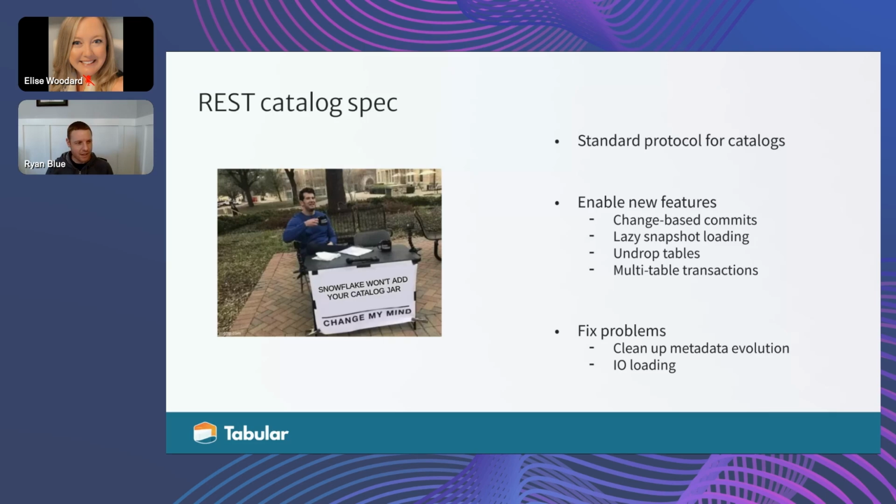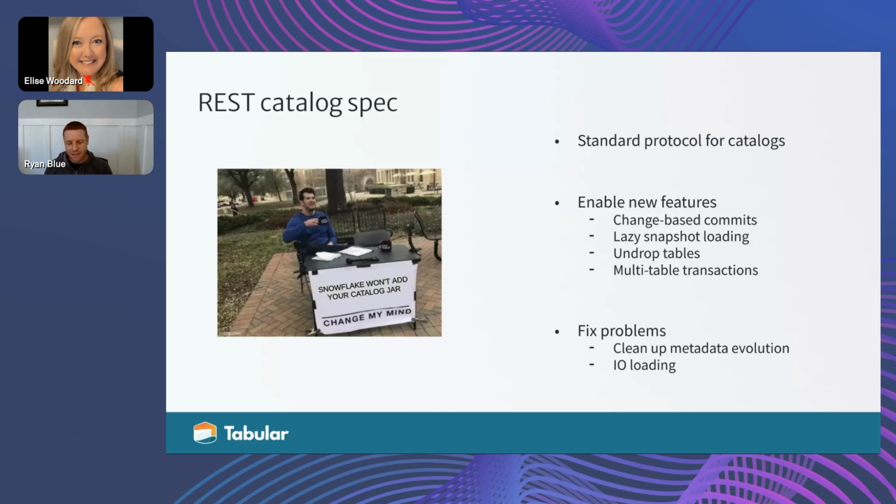It's basically like the Hive Thrift interface, where everything knows how to talk to the Hive Thrift interface, whether that's actually the Hive Metastore or whether that's Glue. We have this sort of standard protocol that you can use in Athena and Snowflake and Trino and all these different systems. The issue is that we didn't have anything like that for Iceberg catalogs.